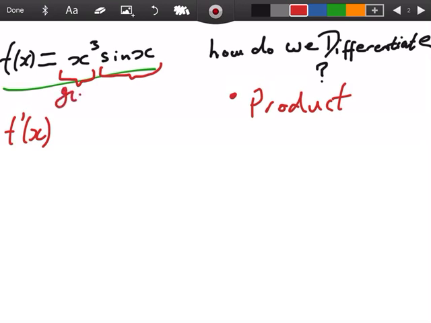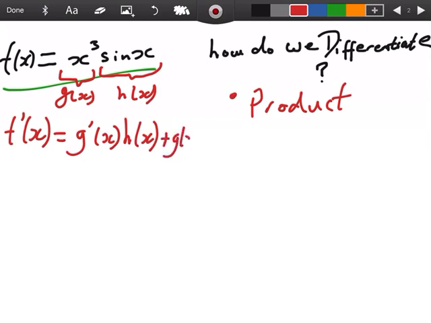So we have g(x) and we have h(x). So f dash x equals g dash x h(x) plus g(x) h dash x. So the derivative of a function equals g dash x h(x) plus g(x) h dash x.